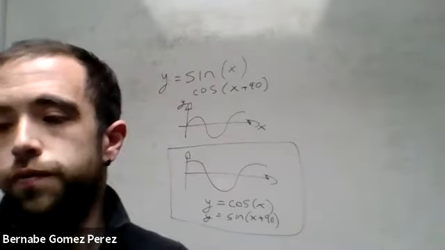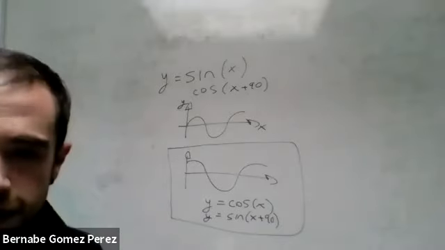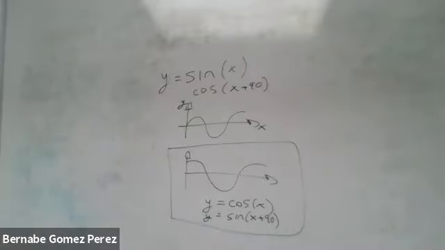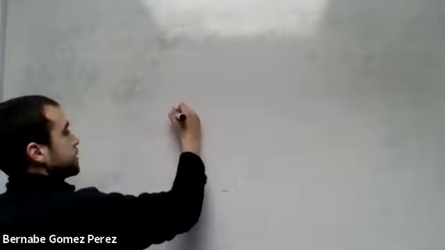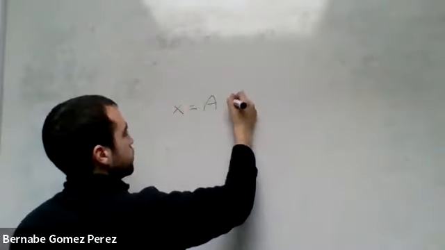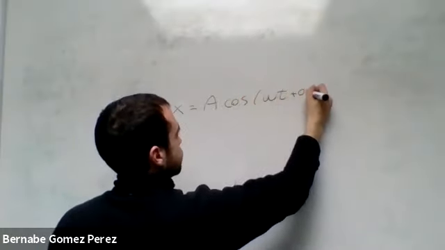So for example, let me see, because there is something that I want to discuss with you guys. So you know that in a harmonic motion, okay, guys, you have that x is equal to the amplitude times cosine of Wt plus a phase.